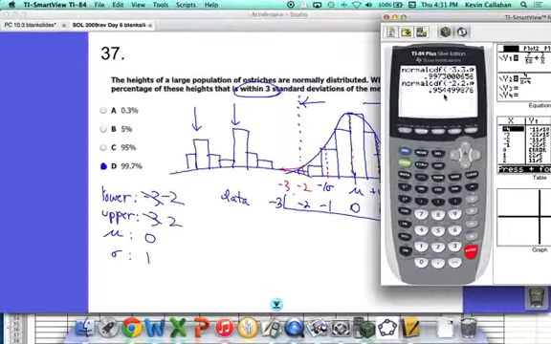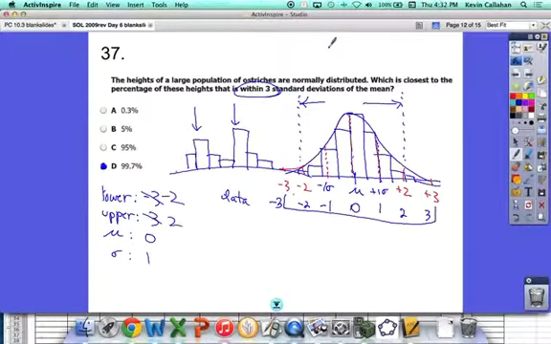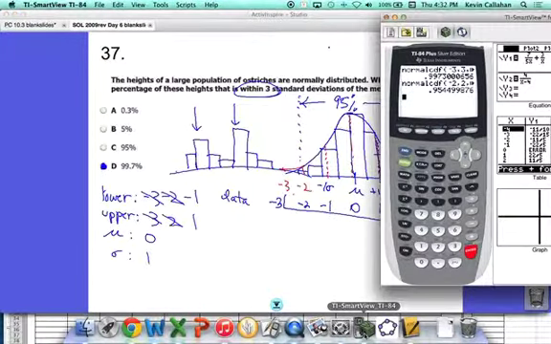So 95% of the data in a normal distribution is in between -2 standard deviations to the left and +2 to the right. Okay, which leaves what percent of the data is in between -1 and +1 standard deviations. So let's try that one too. So back to the calculator.